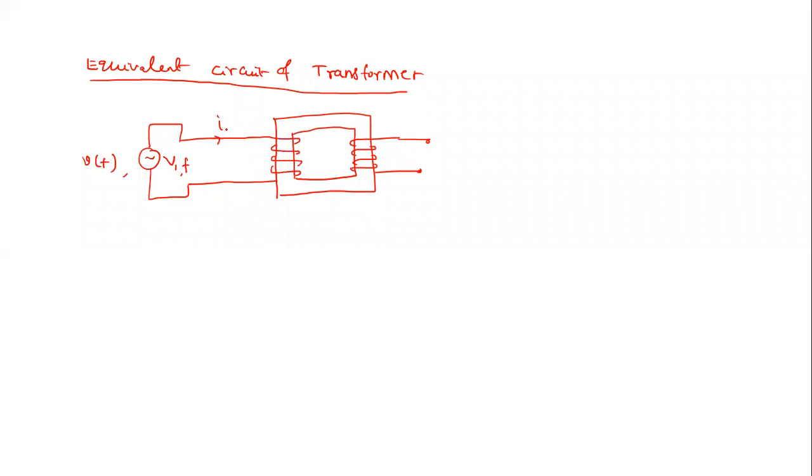A current i(t) circulates. Corresponding to the current, a flux is produced, because a current flowing in any conductor has a magnetic flux around it. The flux passes through the core. That flux will also be changing because the current is changing.